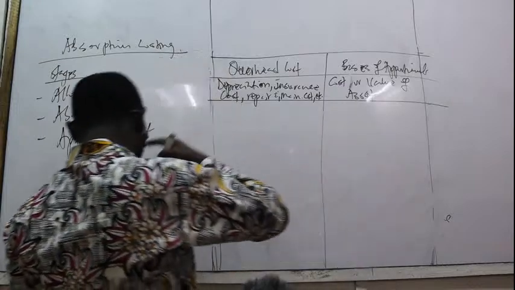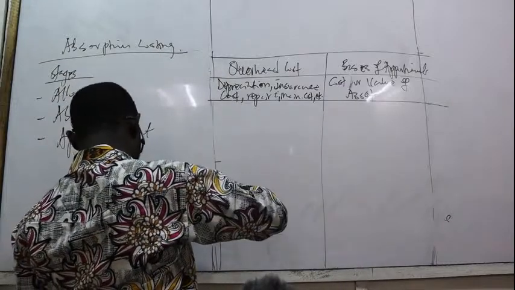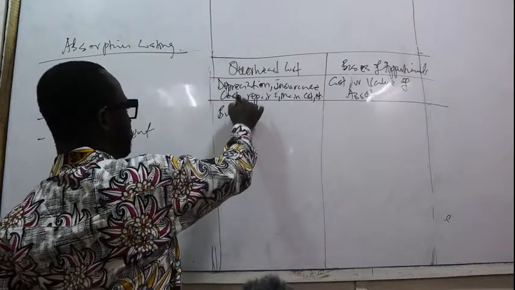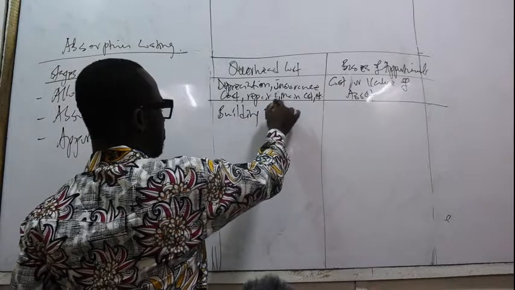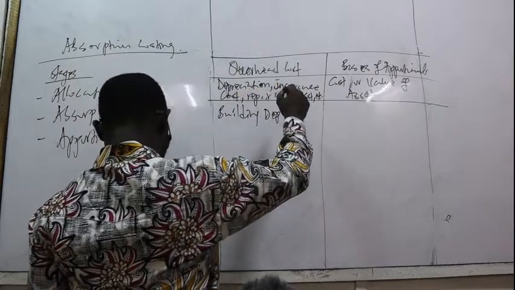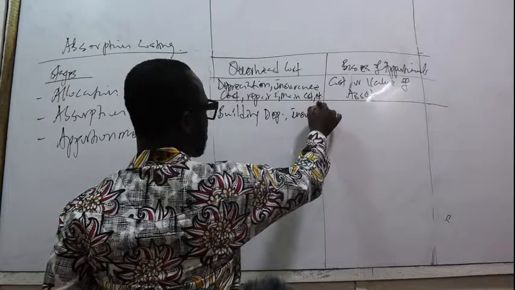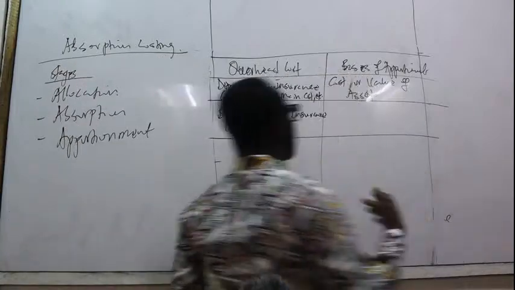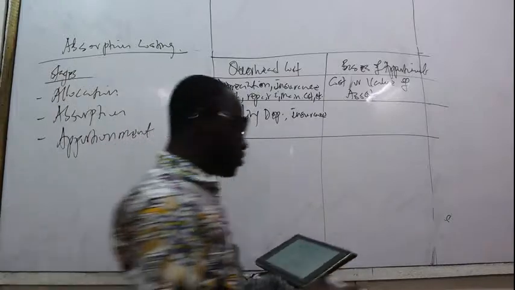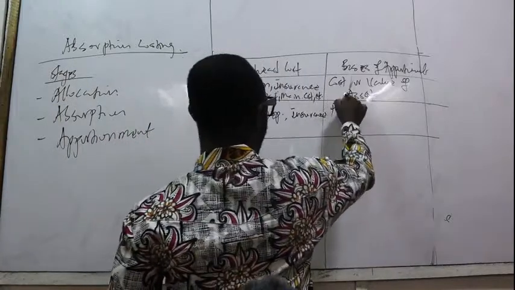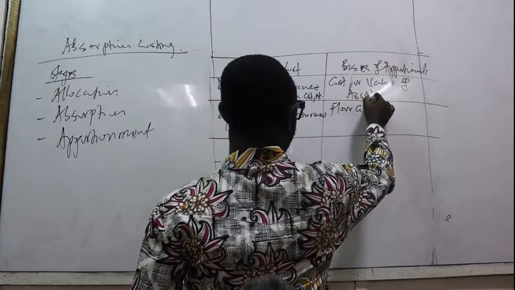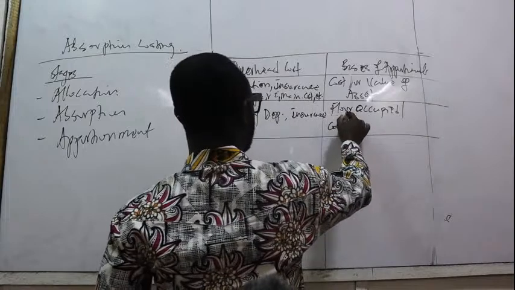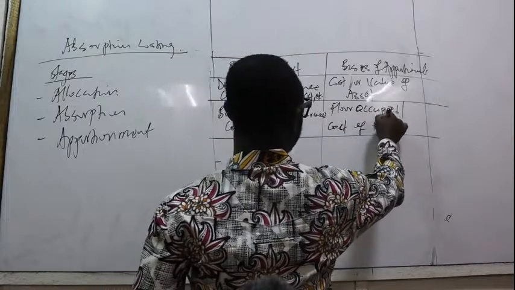Two. Building depreciation, insurance cost, and everything about the building, we could either use the floor area occupied, or sometimes the cost of the building.